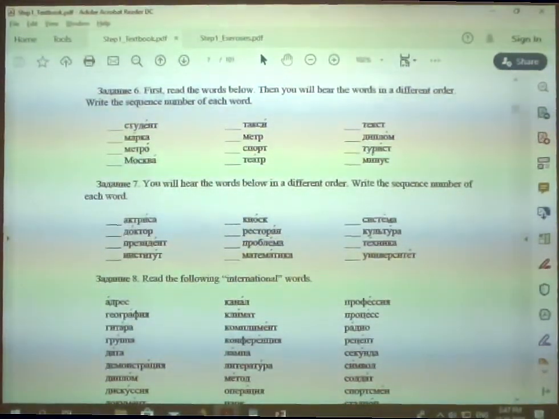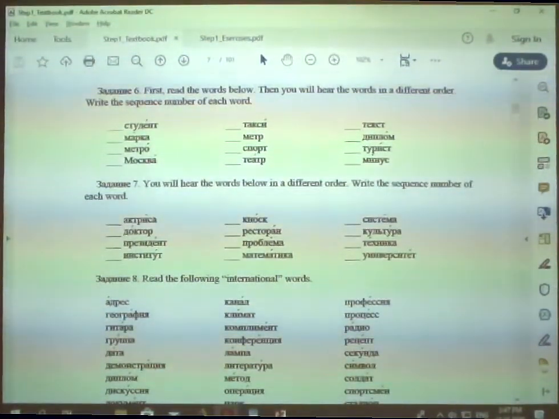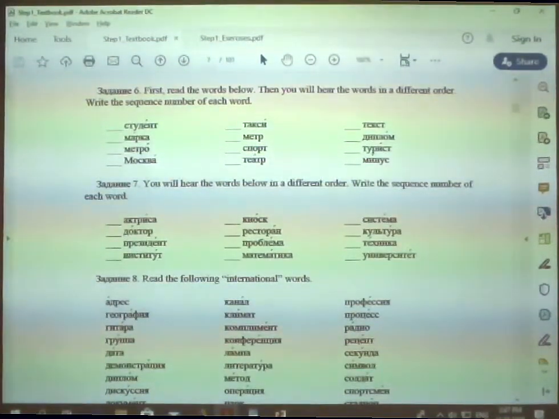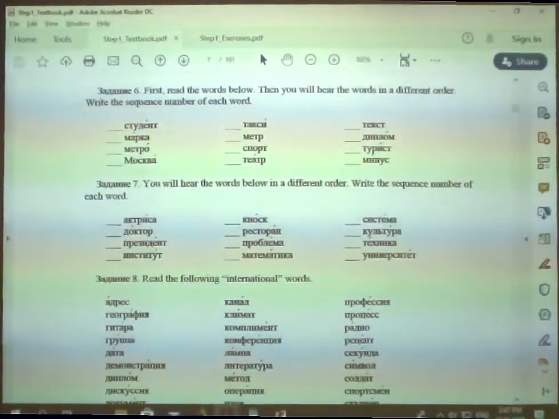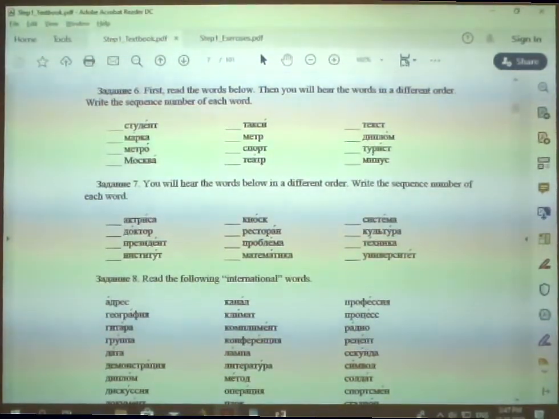And let's do the next assignment as well, задание 7. You see the words and now I will tell you these words in a different order. Please find these words one by one. So let's start. Киоск. Актриса. Ресторан. Математика.